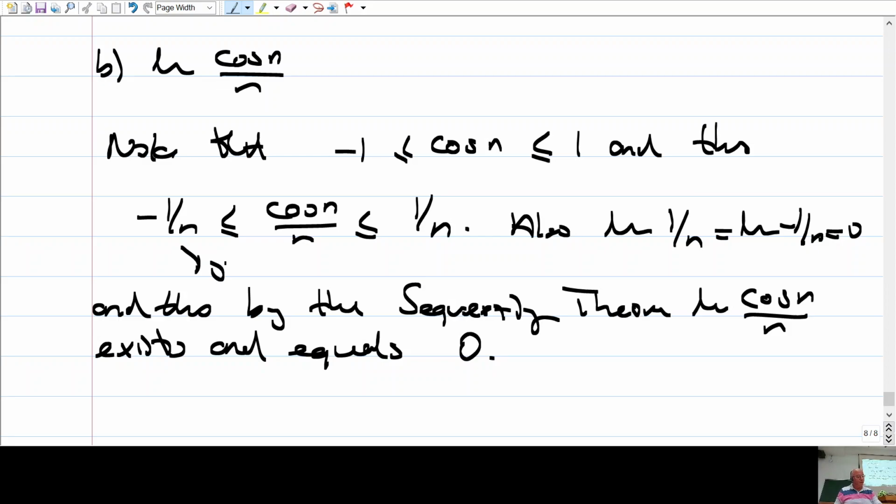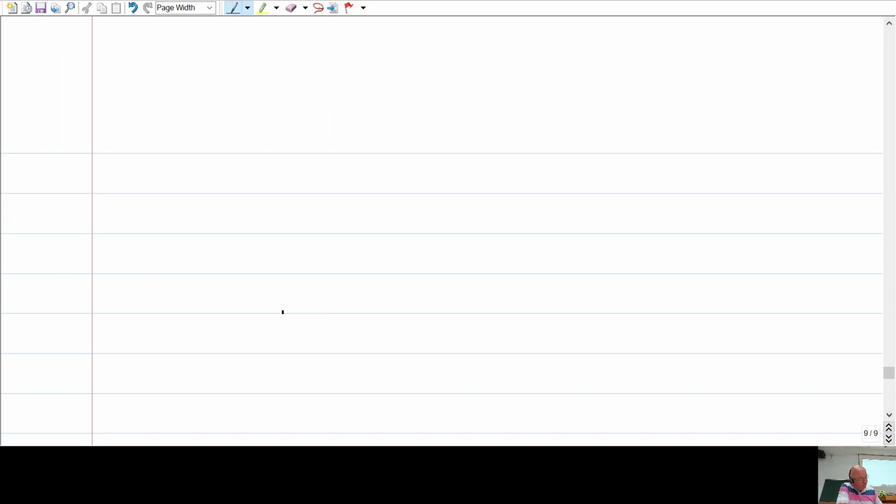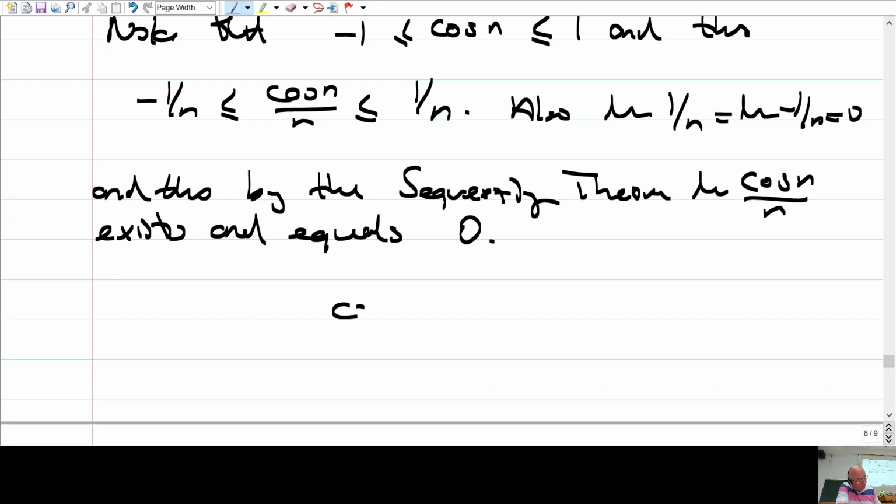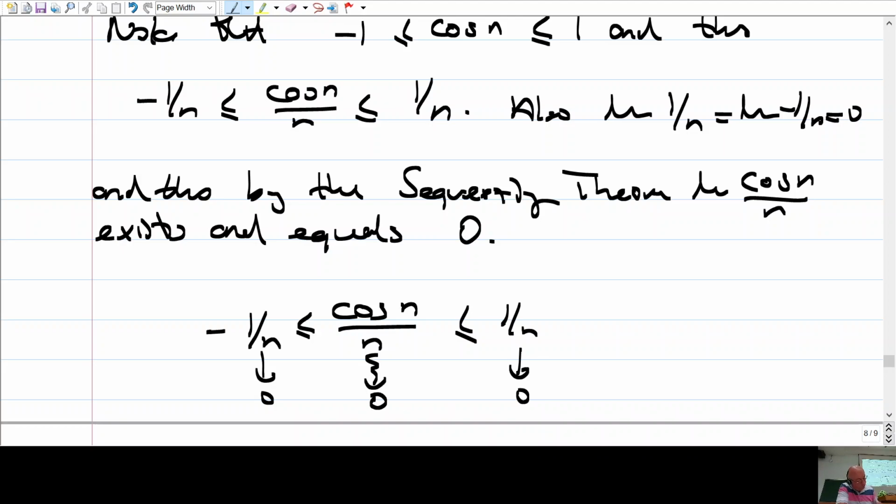If both of them go to 0, then the middle term should go to 0. That's the result. We usually write it this way: 1 over n, 1 over n. This goes to 0, this goes to 0, therefore this goes to 0.